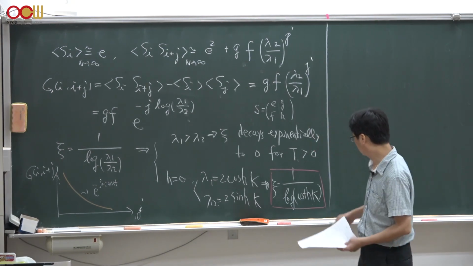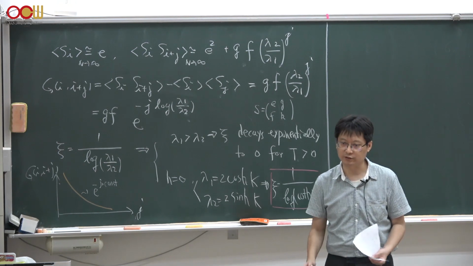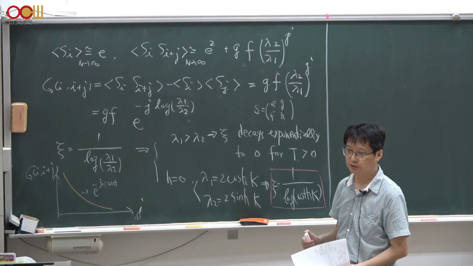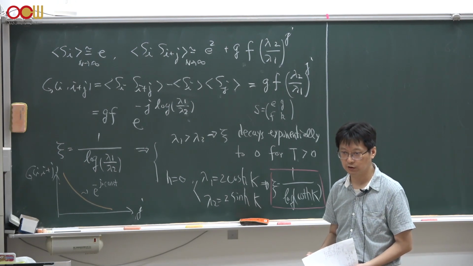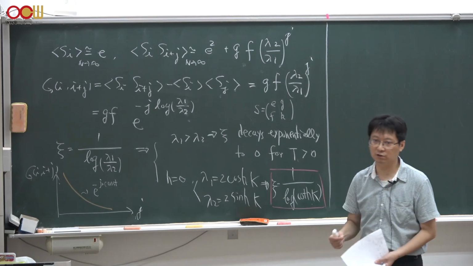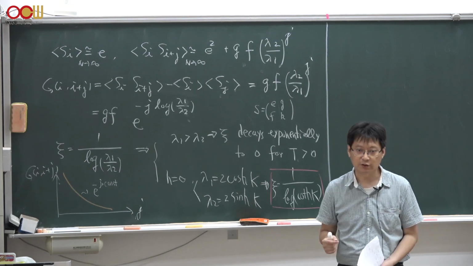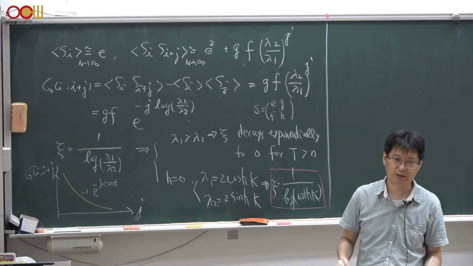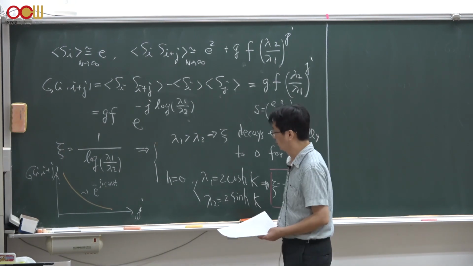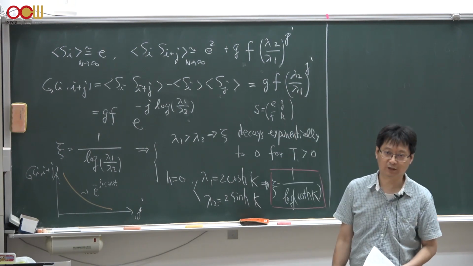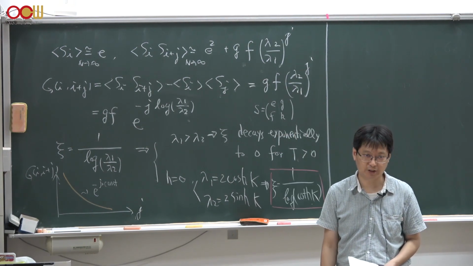So you can see that the correlation length diverges as temperature is decreased to 0, and then we have a long-range order, and the transition temperature, Tc, is at exactly 0 temperature. So that's the end of our story for the one-dimensional Ising chain.